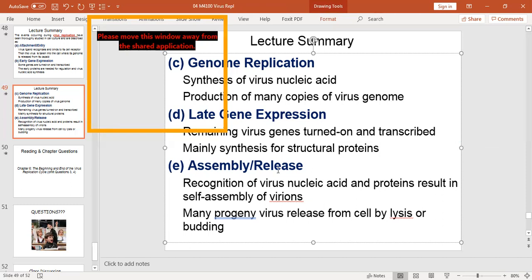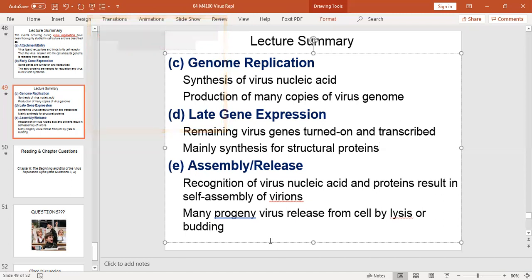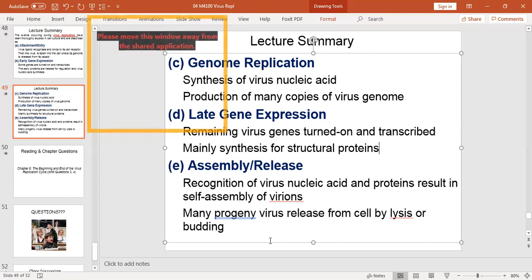Lastly, we have assembly and release, which is the recognition of virus nucleic acid and proteins. When nucleic acid and proteins, in a very, very specific manner, following the laws of thermodynamics, recognize each other, and if their concentration is adequate, this results in self-assembly of virions.